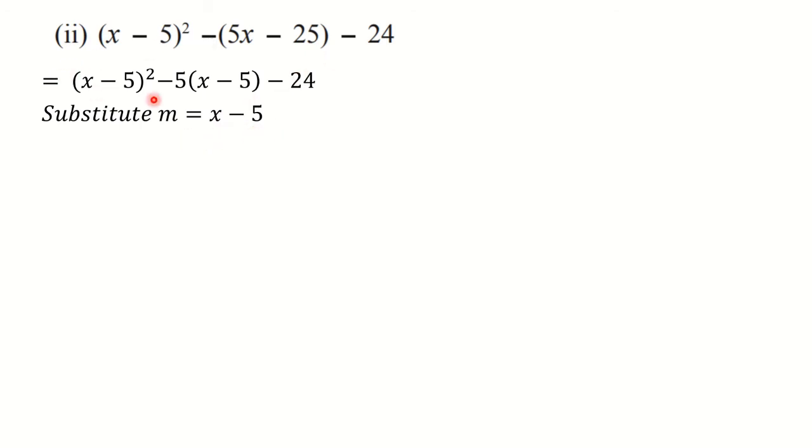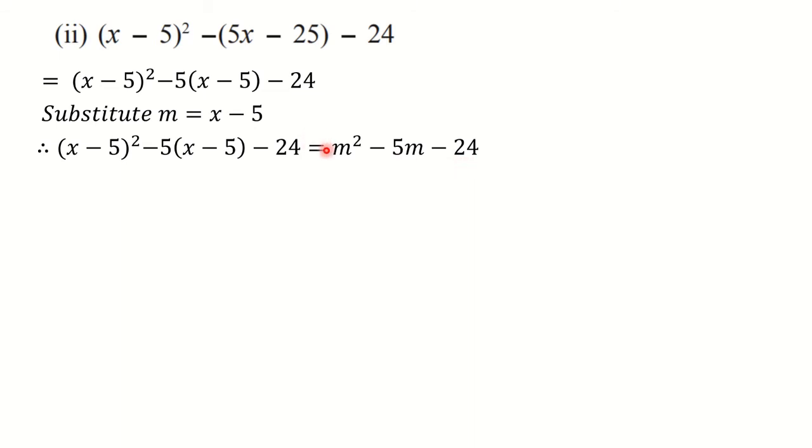Now this equation we can write as, see, this is the original equation, is equal to, see, this x minus 5 is replaced by m. Here also it is replaced by m. So we got the polynomial as m square minus 5m minus 24. Now possible for you to split.